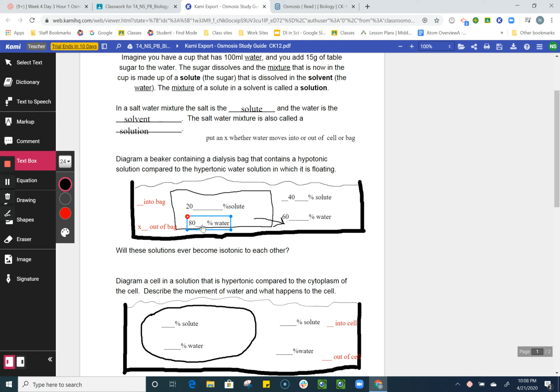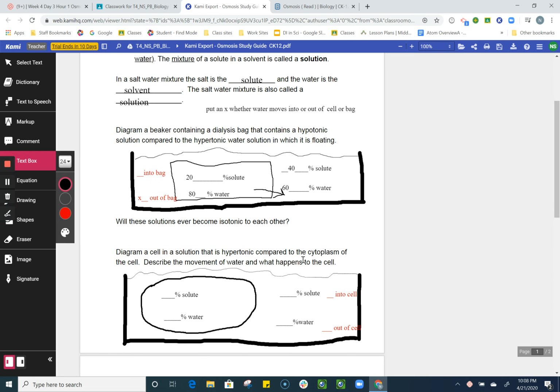If that becomes 70, that becomes, I'm wrong. Let me back up. They can become isotonic because if this becomes 70, that becomes 70, then these are going to be equal to 30 and 30. So it will be okay because the water will spread out and dissipate it down in this concentration here. So sorry, I had a moment there.